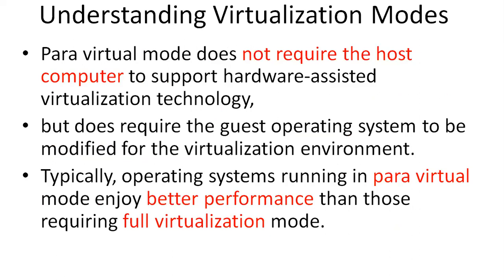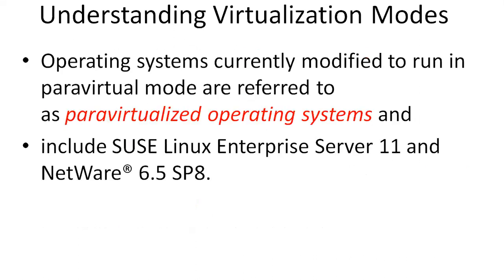Because in para virtualization mode, you are creating the operating system on top of the hypervisor. That's why it has better performance than full virtualization mode. And an operating system modified to run in para virtualization mode is referred to as a para virtualized operating system, and includes SUSE Linux Enterprise Server 11 and NetWare 6.5.